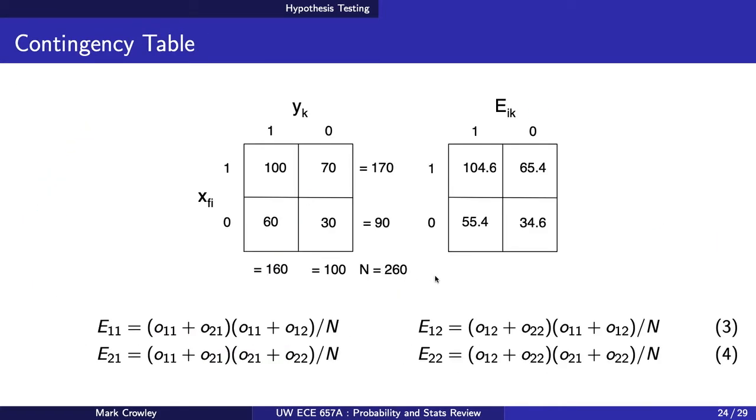And then E. Okay, so what are the E's? The E's are computed from the observations, and they really are normalized values of the kind of all the support of each entry, right?